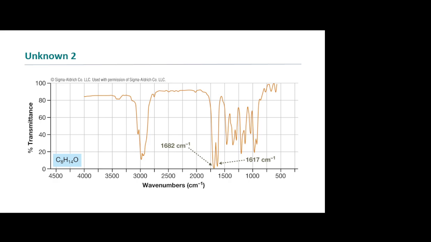Did anybody see a CH stretch that's on a carbonyl? We didn't, did we? Okay, we've got to conjugate this group right here, the alkene, but we need to make sure that we don't end up having any hydrogens on the carbonyl, don't we?